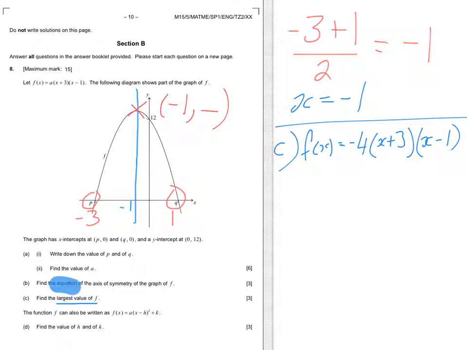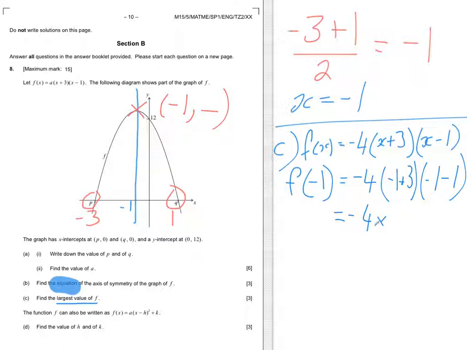So essentially all we have to do is evaluate f at -1, which is -4 times -1 plus 3, -1 minus 1, which is -4 times 2 times -2, which is -8 plus 16. So that's this coordinate here, -1, 16. That's the largest value of f.